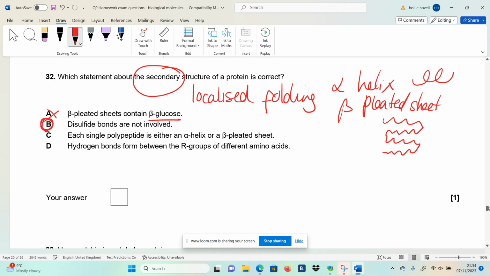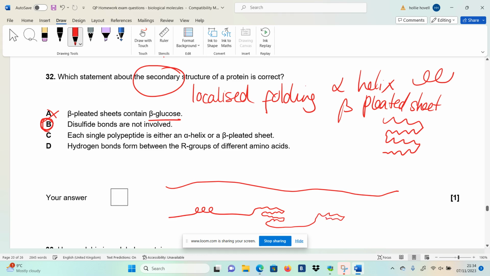Each single polypeptide is either an alpha helix or a beta sheet. That's not true. If we got one long polypeptide like this, and it was going to go through its secondary structure folding, it might be that you get a little bit of alpha helix. It might be that you get a little bit of beta pleated sheet. You might get another bit of beta pleated sheet. Might get another bit of alpha helix.